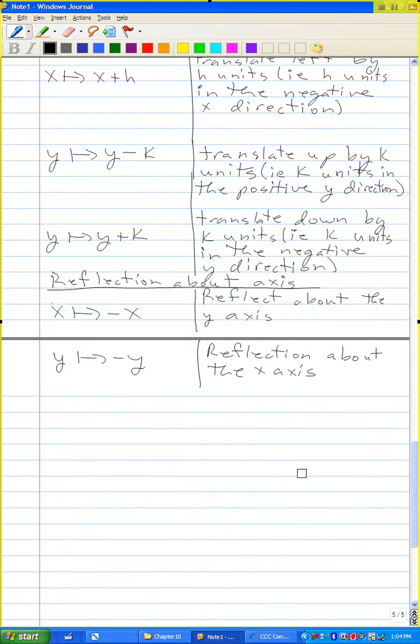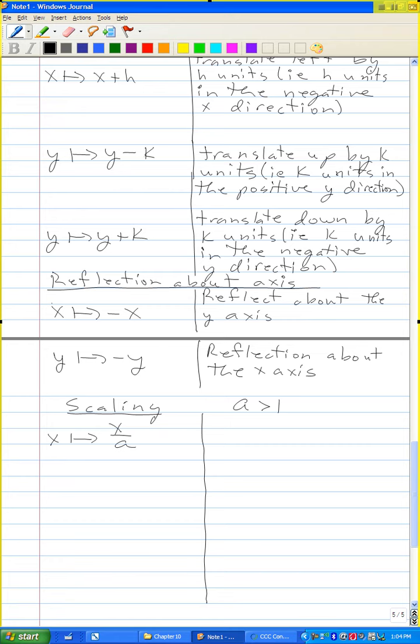Next, scaling. Let me suppose that a in this case is greater than 1. Easier to talk about it if I have that. So suppose I replace x by x over a.